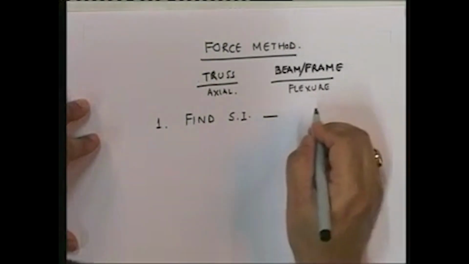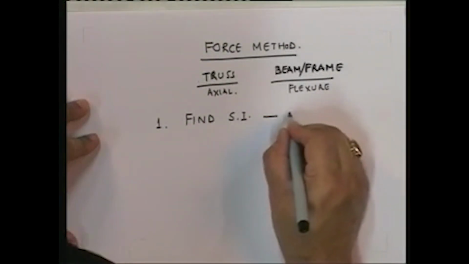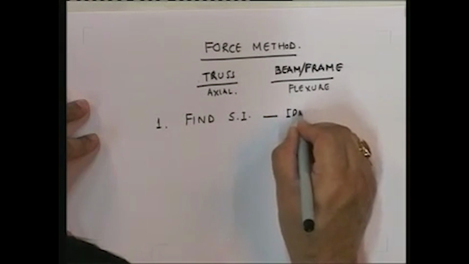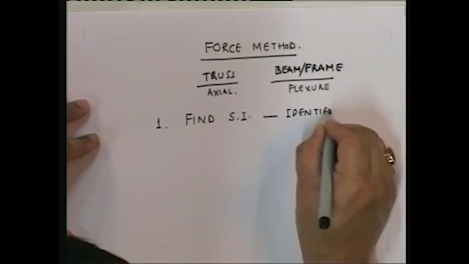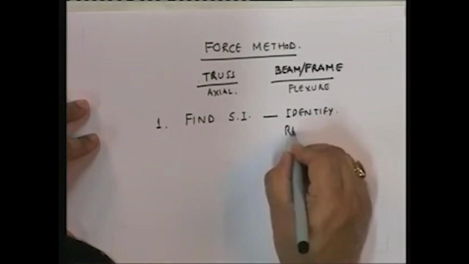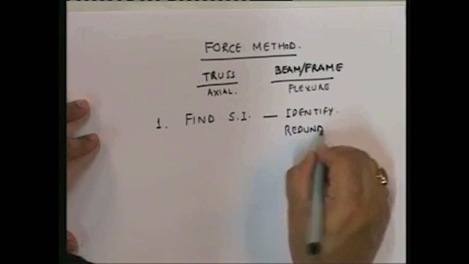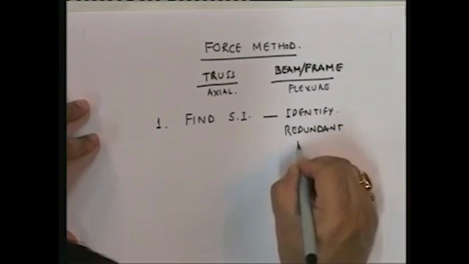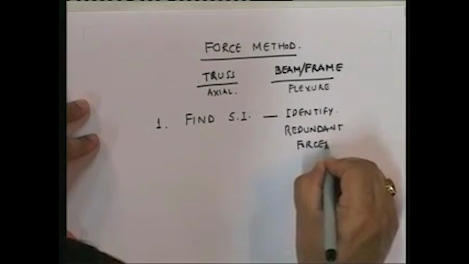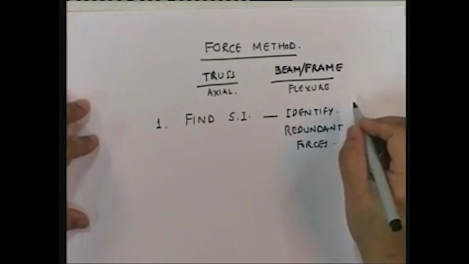Once you find the static indeterminacy, you identify the redundant forces. What are the redundant forces? Those are the forces on the structure. They could be a support reaction, they could be internal forces.